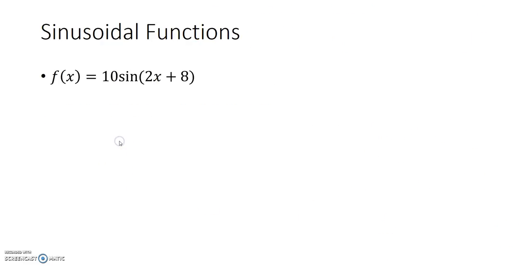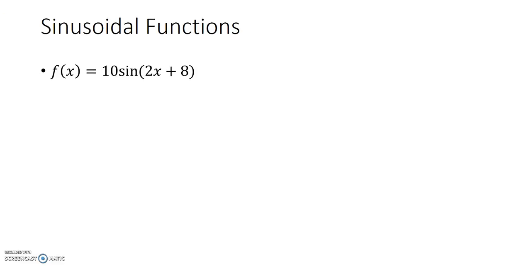And now let's take a look at another function, something a little bit more complex. We have a sinusoidal function, and we can again look for points of inflection, and we will do that. Let's go ahead and take this derivative just to practice this concept.